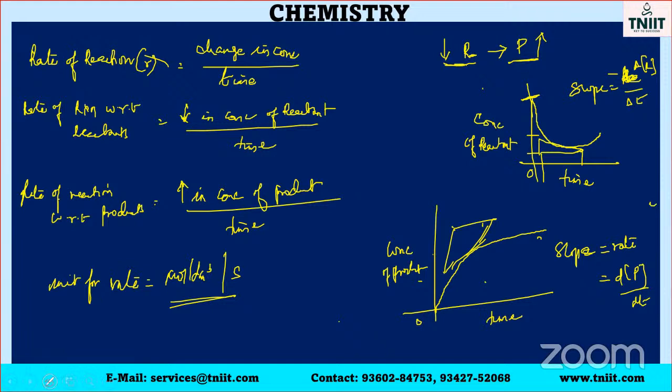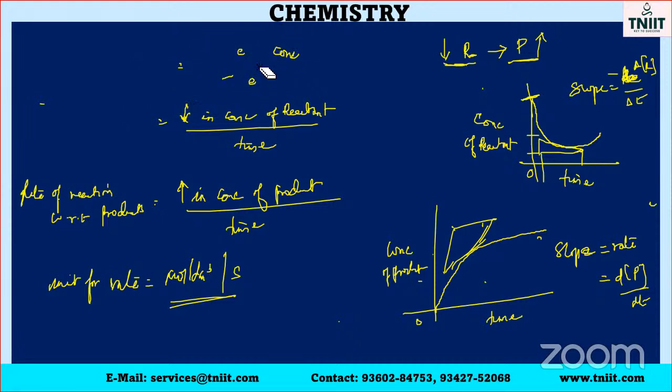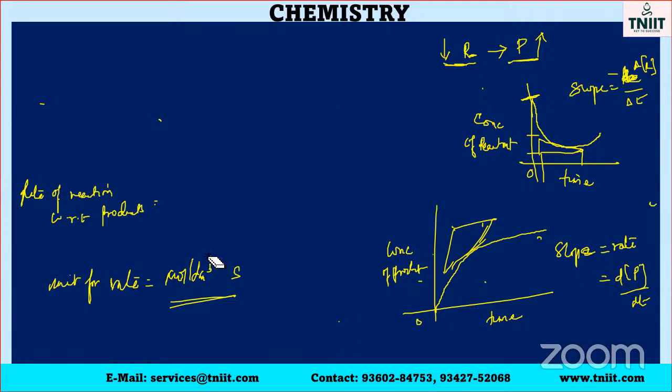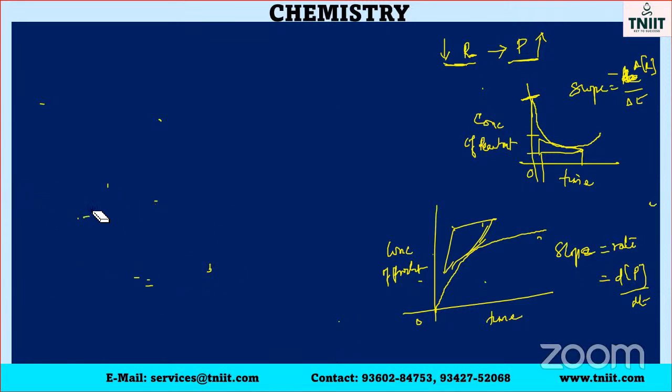Now, coming to the next concept. The next important concept is reaction rate and stoichiometry. I think I taught you in some of the questions yesterday or in the previous class what the relation between reaction rate and stoichiometry is.